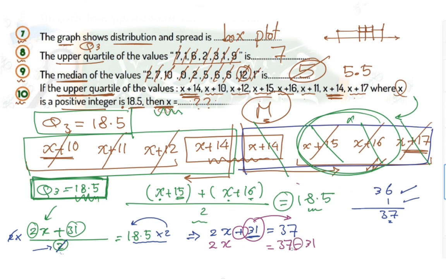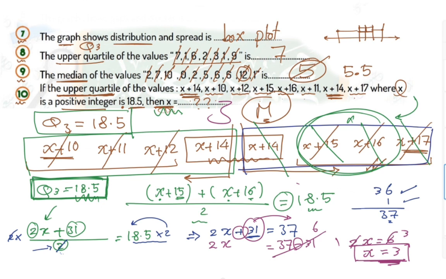Now, 37 minus 31 equals 6. So now we have 2x equals 6. That means x equals 6 divided by 2, equals 3. Now the value of x equals 3. Now we finished the second question.